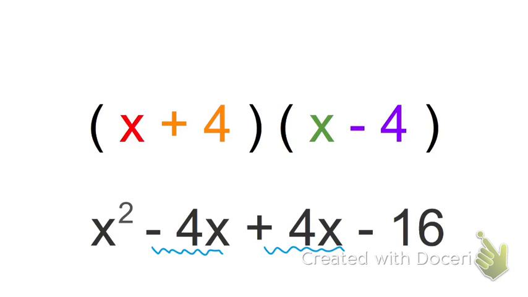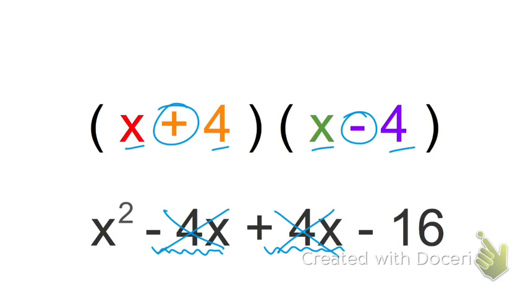If you have a negative 4x and you add 4 x's, they cancel out. When the numbers are the same, one is plus, one is minus, when you combine your like terms, the two middle terms are always going to cancel each other out. So in this case, we're left with x squared minus 16.